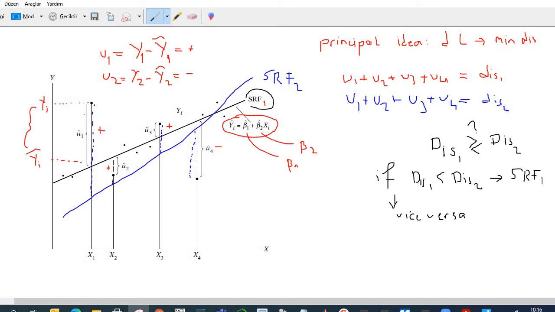So U1 and U4 are of nearly similar distance, but one of them is positive and one is negative, so they will cancel each other. U2 and U3 are similar to each other, so there will be a cancellation between these two as well.